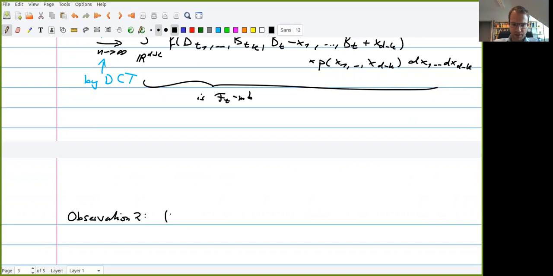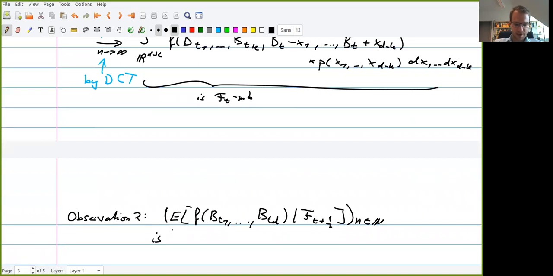The second observation: if I look at this conditional expectation here, the expectation of f(B_{t+}) conditioned on F_{t+1/n}, and I consider it as a discrete time process, it is what's called a backward martingale.